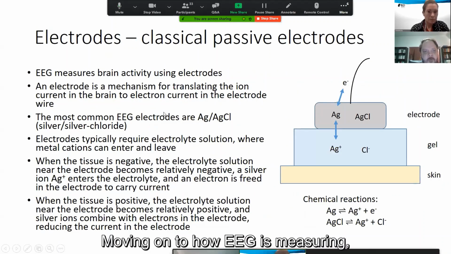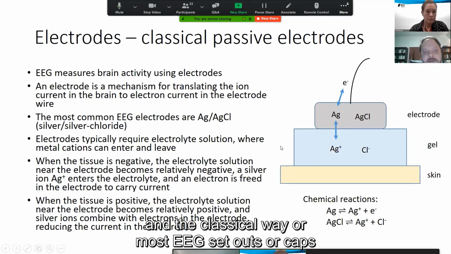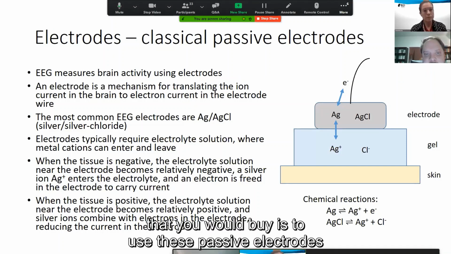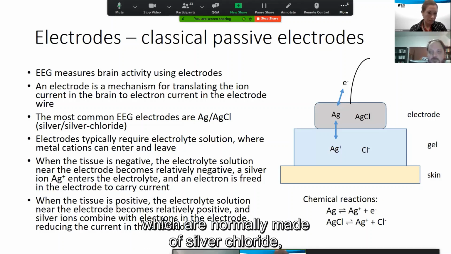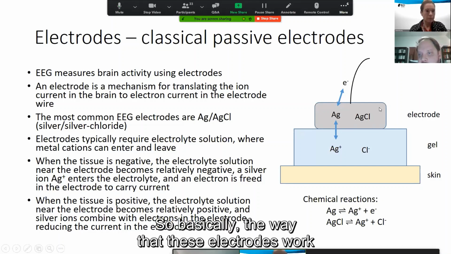Moving on to how EEG is measuring it. The classical way for most EEG setups or caps that you would buy is to use these passive electrodes, which are normally made of silver and silver chloride.